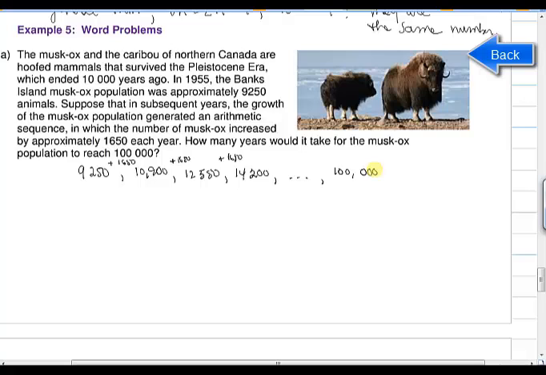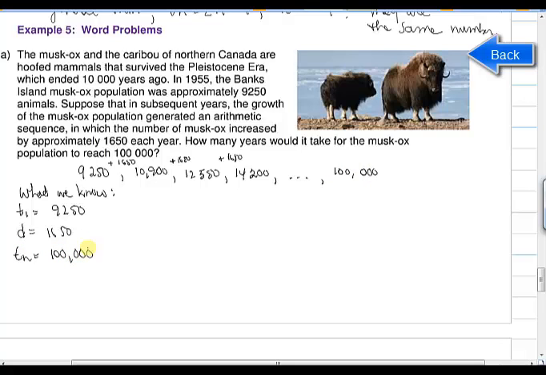Okay, so there's a lot of information that we have gotten from our problem. Number one, we know that T1 is 9,250. We know that our common difference is 1,650. We also know that our last term, the nth term, is 100,000.